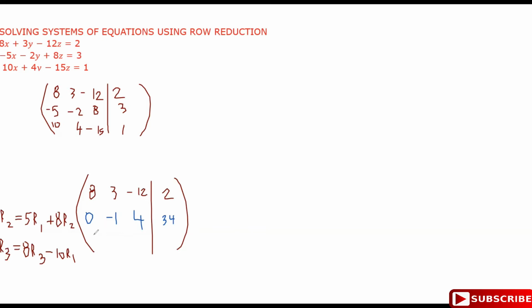Now, for row 3, it's going to be 8 row 3 minus 10 row 1. 8 times 10 is 80, minus 10 of this. That's going to give us 0. Then 8 times 4 is 32, minus 10 times 3, 32 minus 30 is 2.